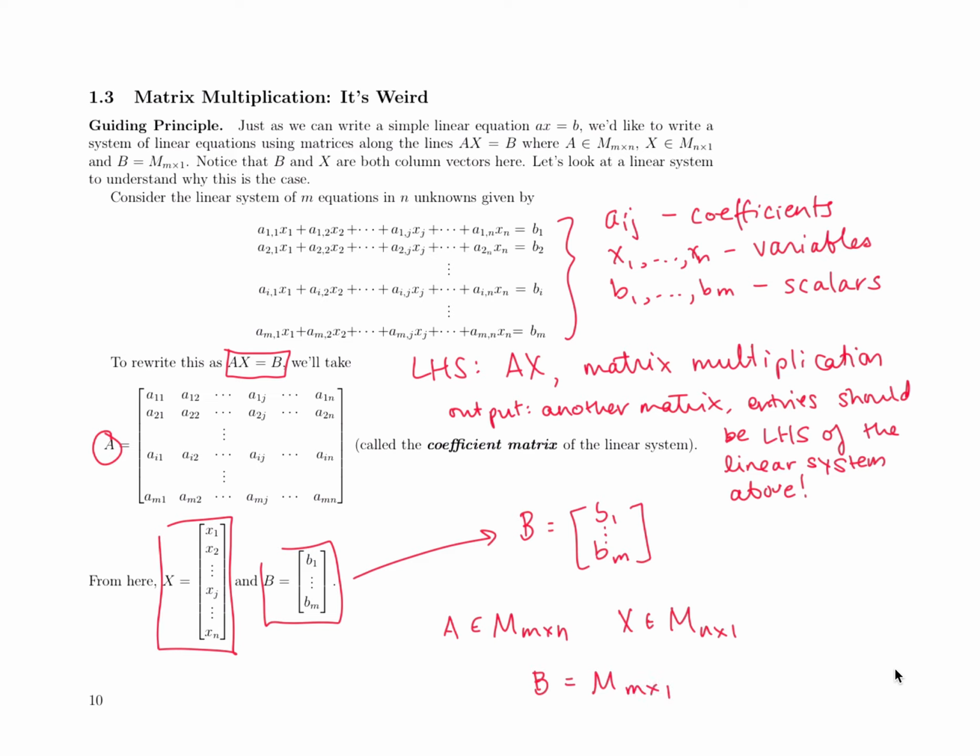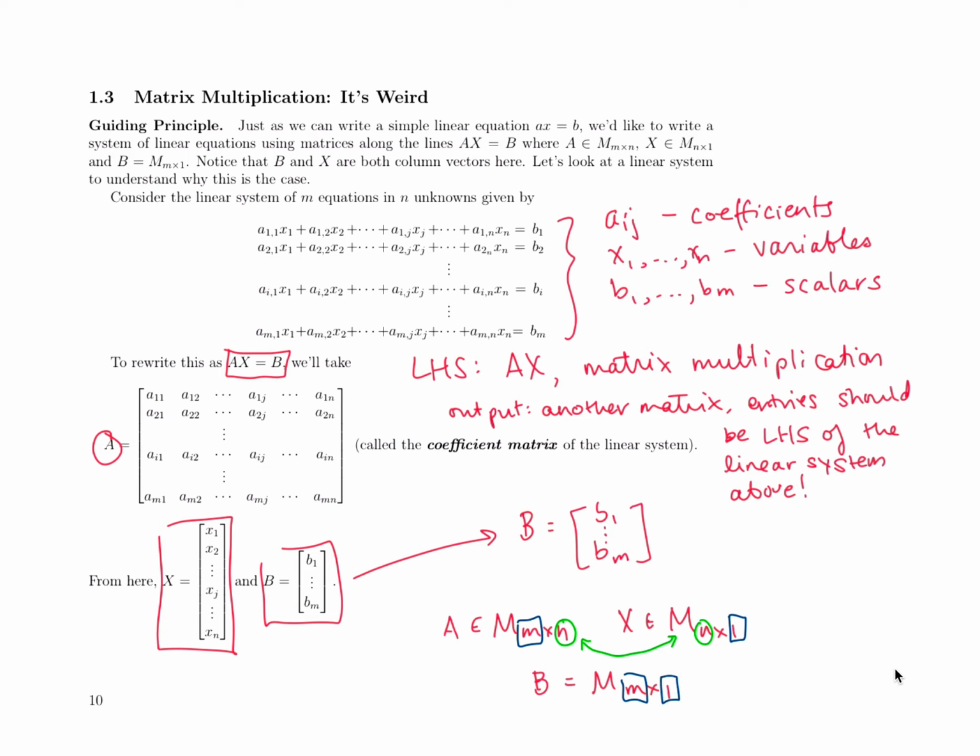And I want to draw your attention to some of the numbers that appear here. Notice that the number of columns in A matches up with the number of rows in X. So we've got a match here. And our output matrix B has the number of rows that A has, m rows, and the number of columns that X has. So it has one column.